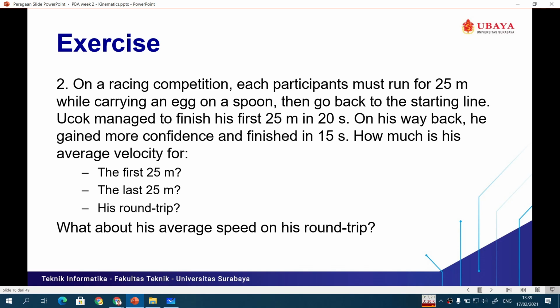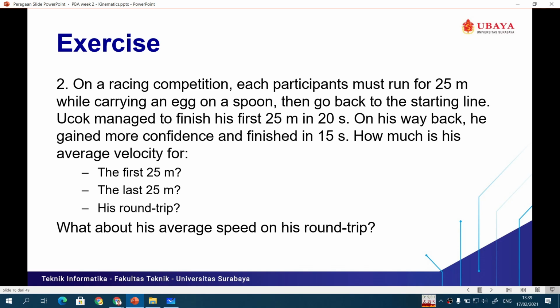What about the last 25 meters? Yeah, the second trip. 25 divided by 15. Yes, correct.